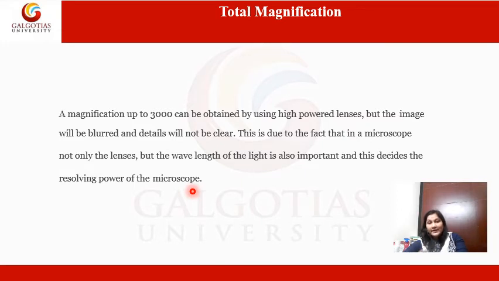Okay, so in that case we have to use another term that will be able to explain why these images get blurred or pixelated, and what is the impact of wavelength of light on the image of the object. That term is the resolving power of the microscope.